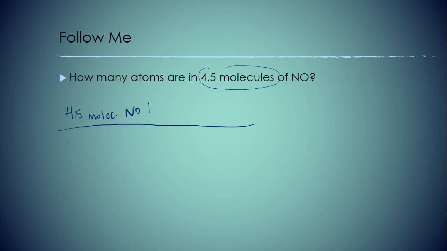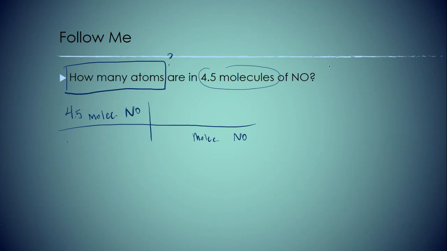We know this should be our next step. And we know that molecules would go down here so that they could cancel out. Now, do I go to moles with this? Well, we've already said that we know how many atoms are in a mole, how many molecules are in a mole, or how many formula units are in a mole. This doesn't ask me for how many moles. This says how many atoms.